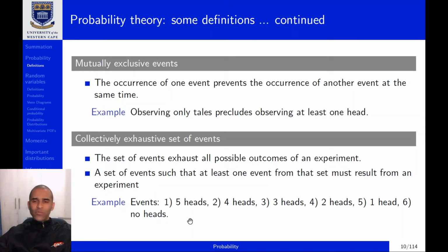It doesn't matter what the outcome of the experiment is, it will conform to at least one of these events. At least one of these things must happen when we flip a coin 5 times. Therefore, these 6 events are a set of collectively exhaustive events.